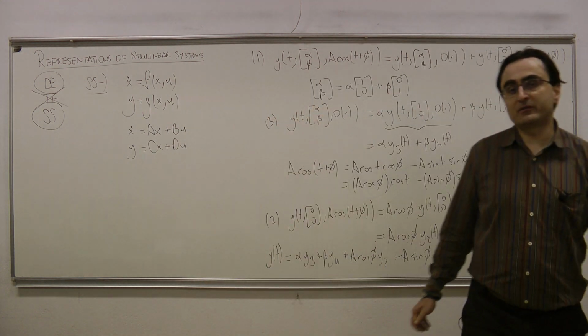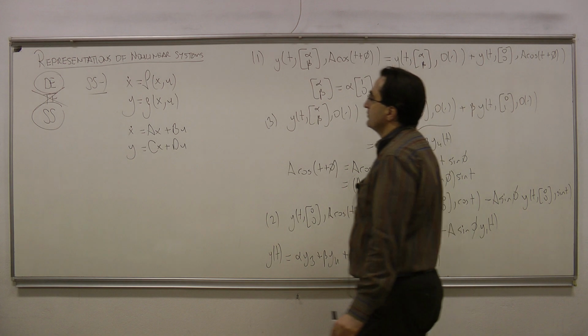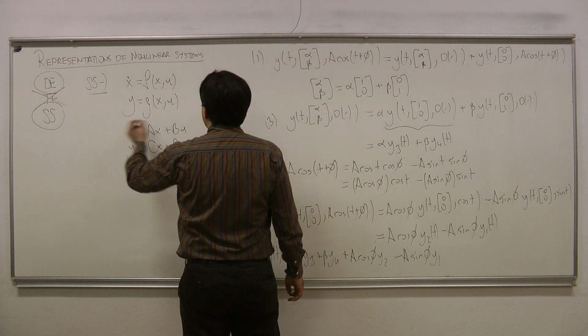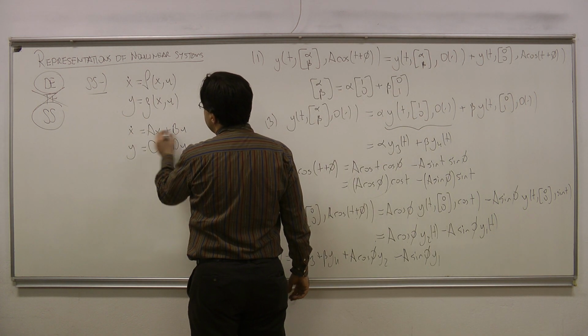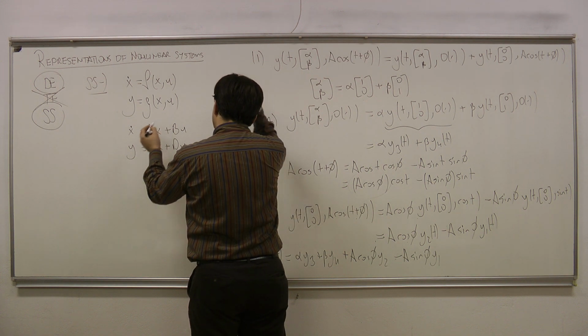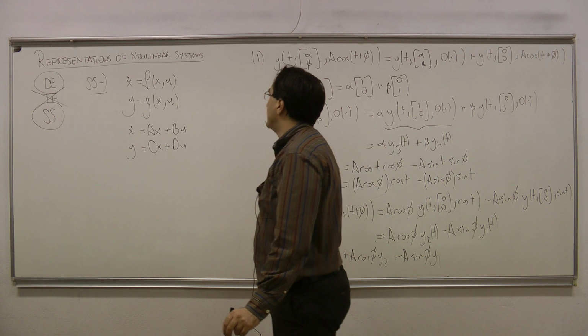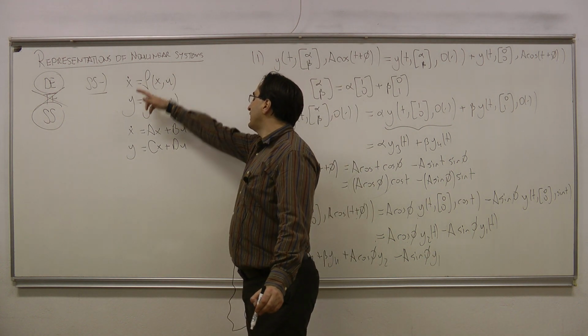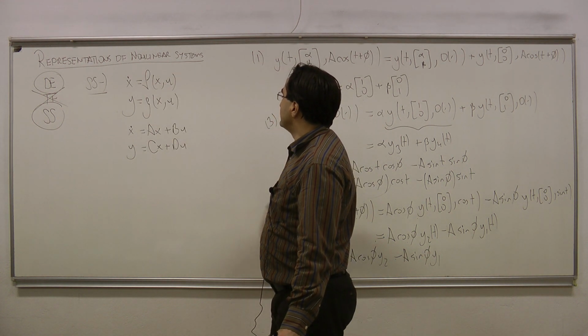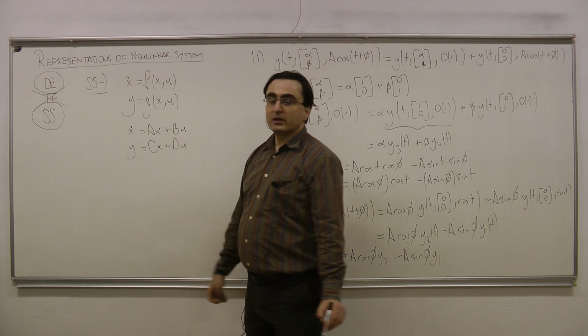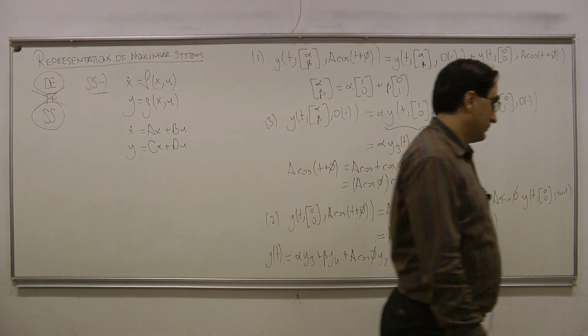This is a state space representation of a linear system, and instead of these linear multiplications and summations, we can have any nonlinear function of input and the state in a nonlinear system. And similarly, in the output equation, we can have similar things.